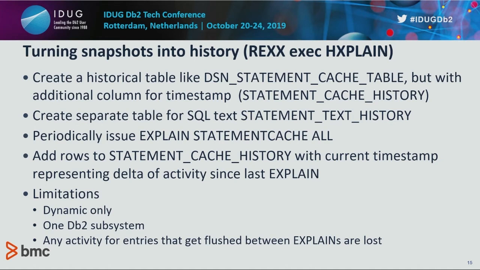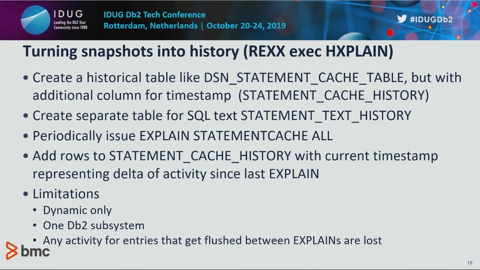So with those tables, I set up a Rex exec to issue the explain statement cache all, and then to pull that information from the explain table, push it out to my historical table after applying the deltas to account for what happened during that period between the snapshots. Rex made it pretty easy to do that.